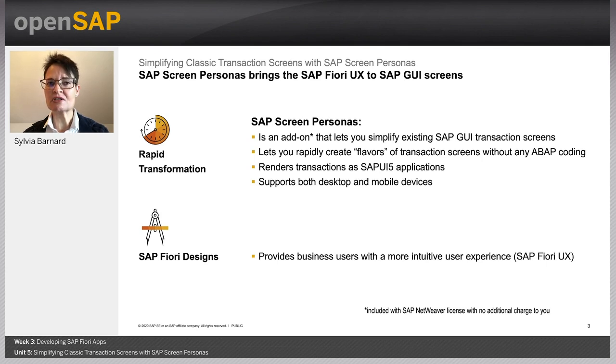And SAP Screen Personas supports desktop transactions and all mobile devices. Now to the second key point, SAP Fiori design. This means you can create the flavors and you see your screens with SAP Fiori UX. It allows you to provide your business users with a more intuitive user experience.